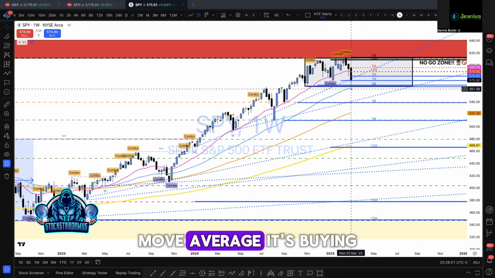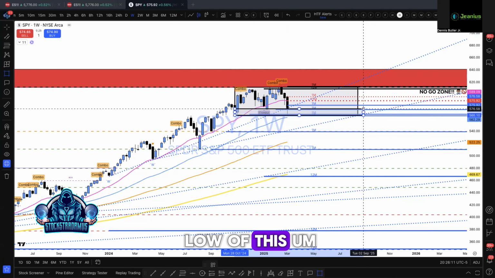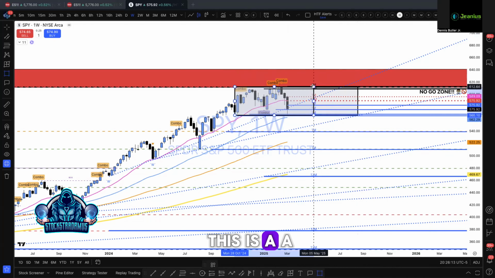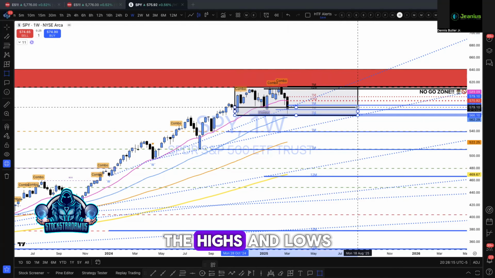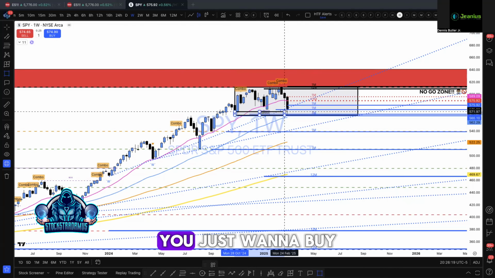So you can assume right now, if the market is going to do anything at this point, it's going to buy the low of this zone here, because this is a range. In a range, the highs and lows are the strongest points, which is here and here. So right now, you just want to buy the highs and lows of this range.